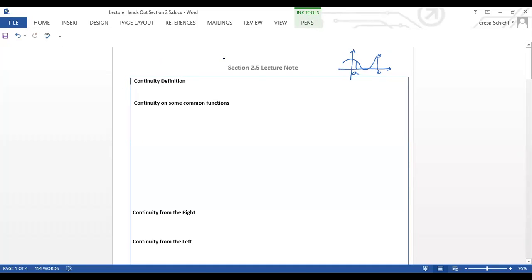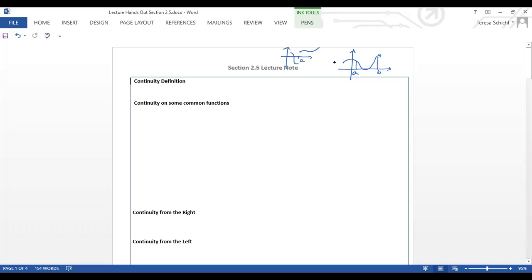In the same way, if you have a function like this, and this is my point A, then this function is obviously a discontinuous function, because you've got a jump here.